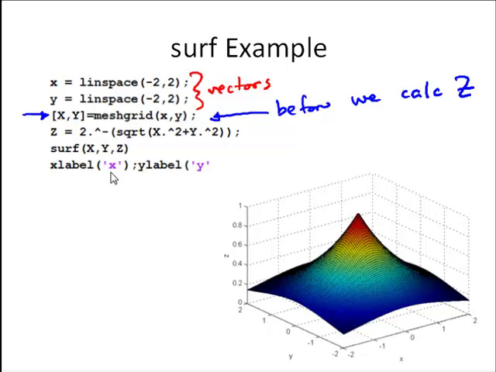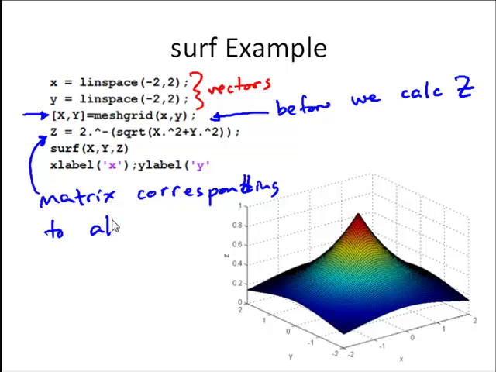And so here we calculate z. Again, z now is a matrix of the z values corresponding to all of the points in the XY grid that we created with the meshgrid command.